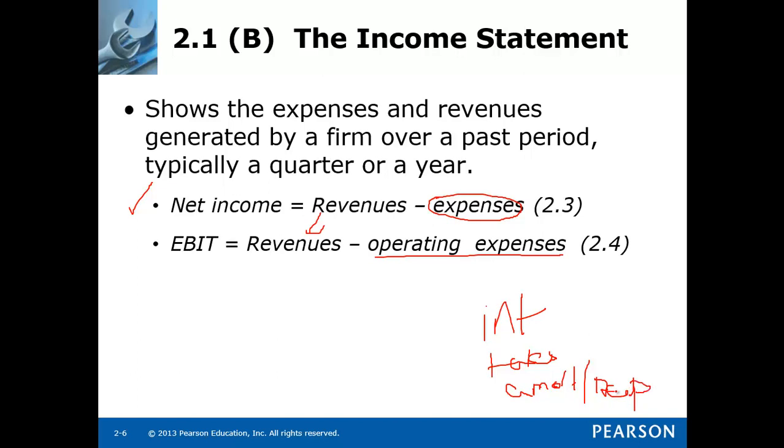Excuse my writing. Commonly, you would see this as EBITDA, earnings before interest, taxes, amortization and depreciation. But for our intents and purposes, we could just look at this part of the calculation.